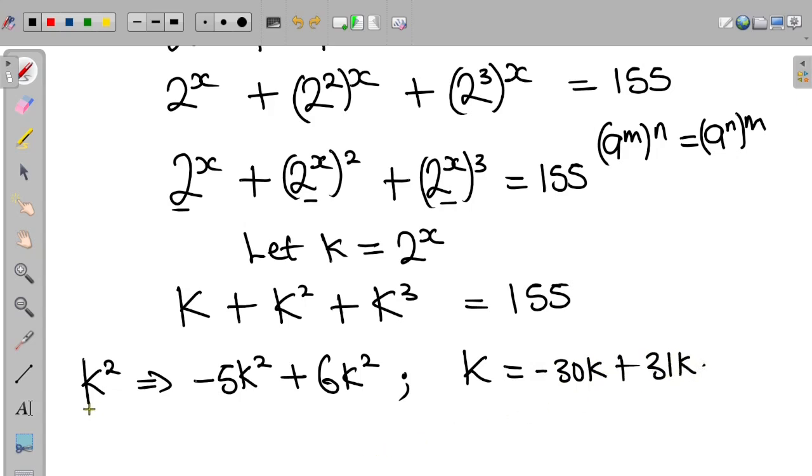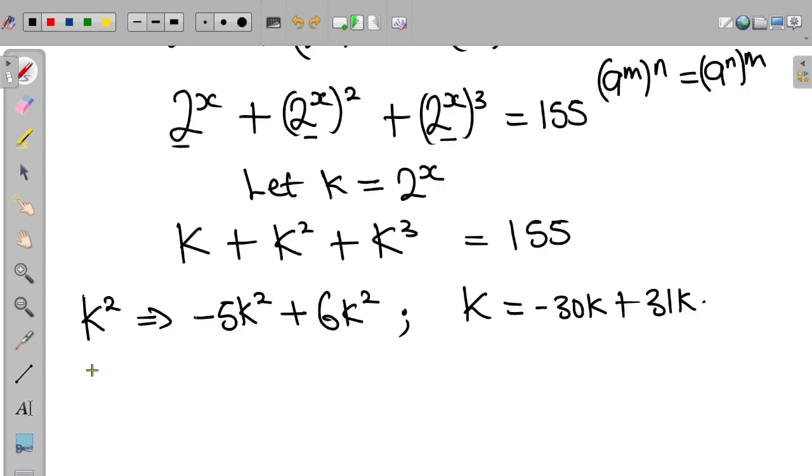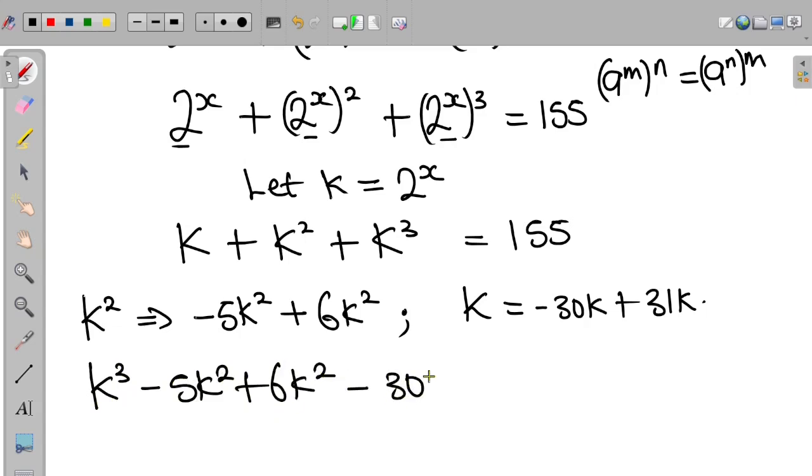In our equation, we will express k squared as minus 5k squared plus 6k squared, and we will express k as minus 30k plus 31k. This is k cubed minus 5k squared plus 6k squared minus 30k plus 31k minus 155 equal to 0.